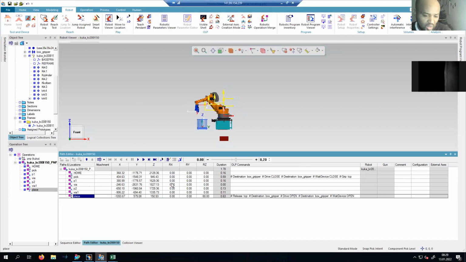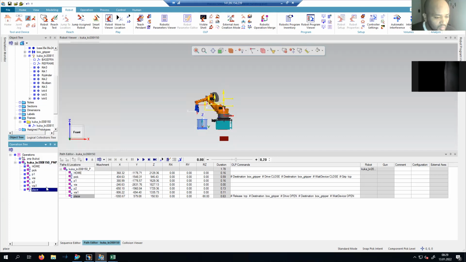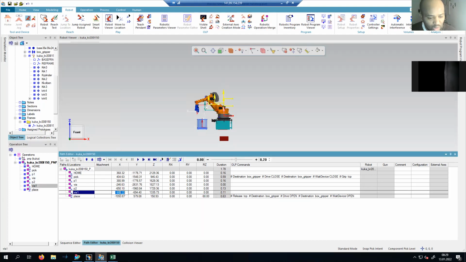Now, in order to move from VR1 to place, just between these two pointers, I have a change in position. Maybe now let us make an additional point here, or let us make the same in order to have the same thing. Maybe we make this one also 900.